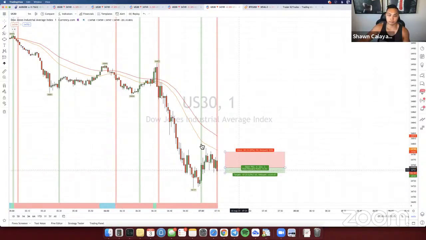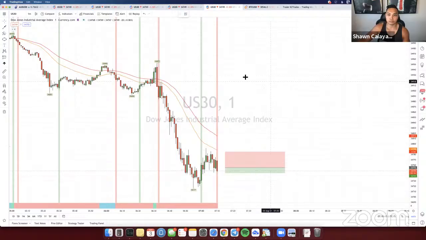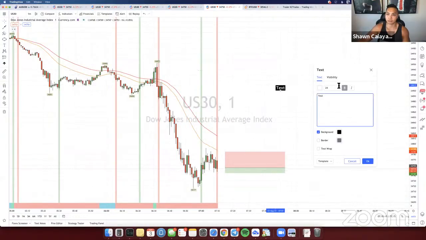So I have it marked up right here. If you guys are wondering how the strategy works, if you guys are brand new here, this is the K2 US 30 1 minute pivot scalp.